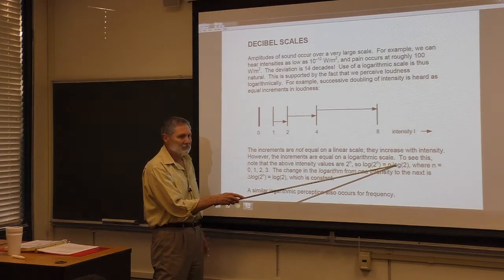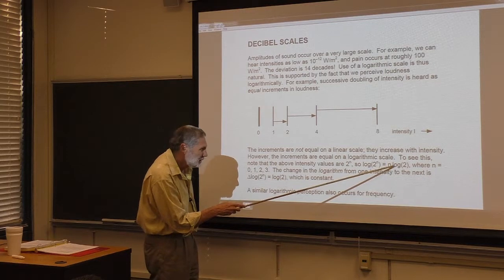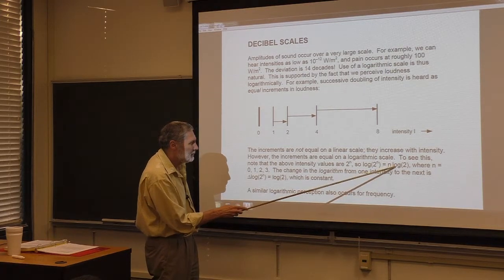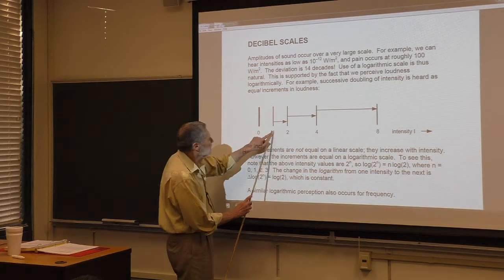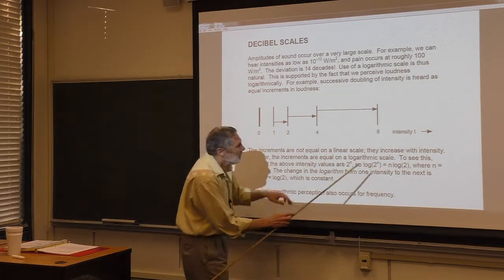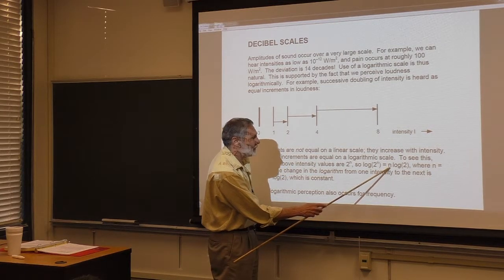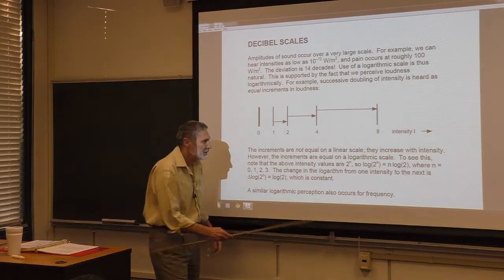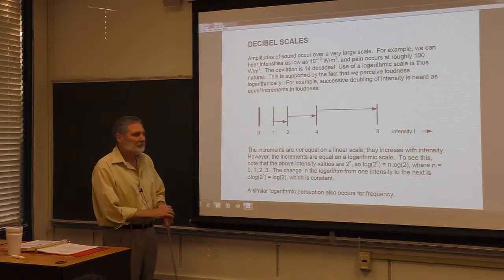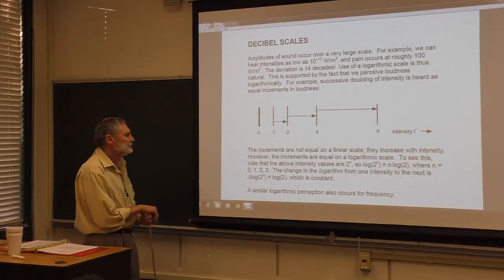Standard fact about logarithms. So you can see here that when we're looking at the logarithm of the intensity, as we go from one level to the next here, from n equals 1 to n equals 2, there's a change of the log of 2. When we go from 2 to 3, it's the same change.